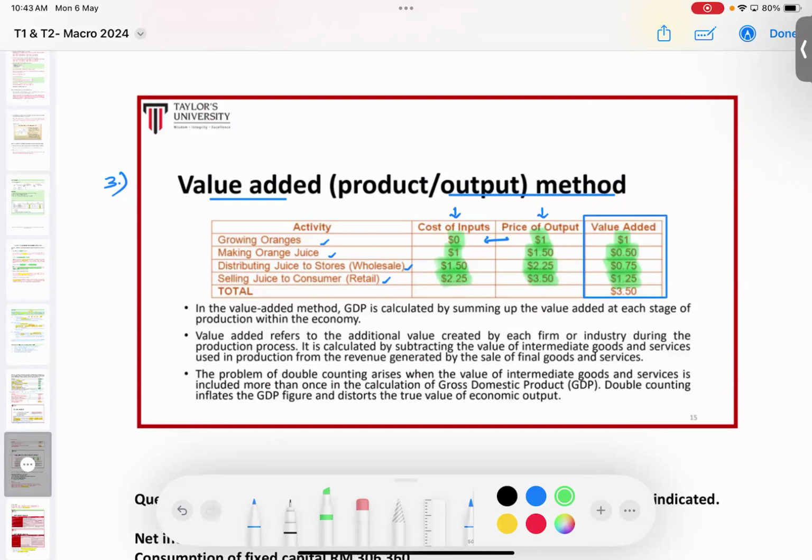So once I have all this value added, I'm able to calculate the amount. But for this question you're not able to calculate because you're not given all this info. I'm just showing you how the value added works.